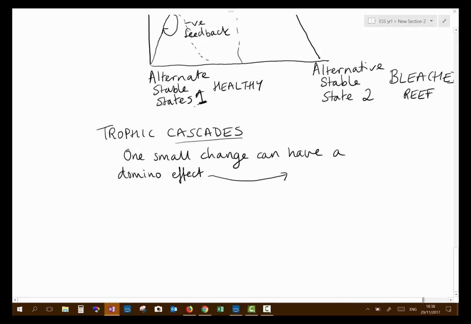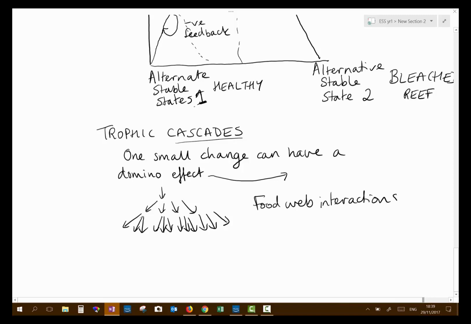It's that one thing leads to many different changes. So we could also symbolize it like that. And in our ecosystems that we're interested in, then these are food web interactions and even landscape changes. With those wolves in the Yellowstone National Park, it even changed the way that the rivers flowed and the distribution of trees. Okay, so I hope that's helped you with feedback loops.